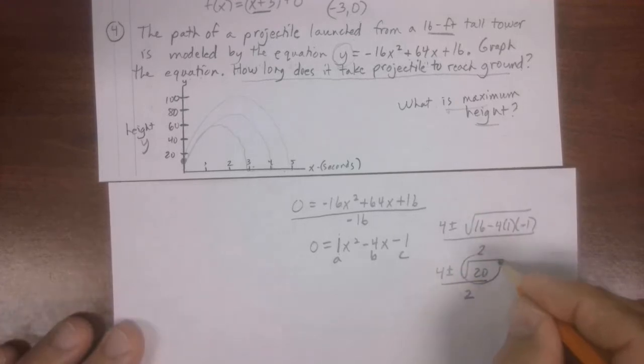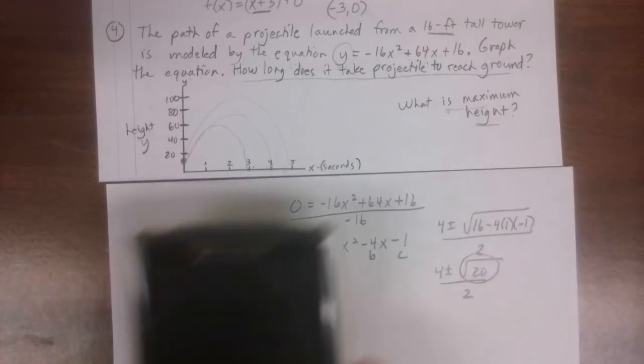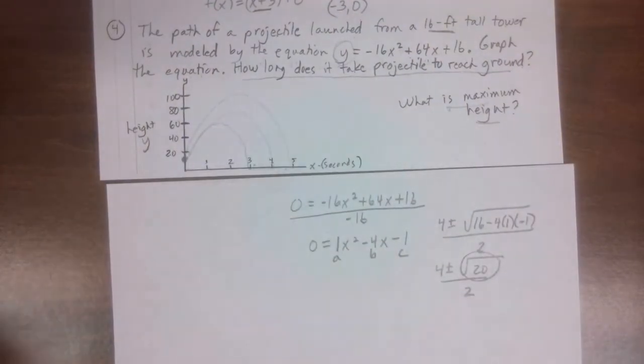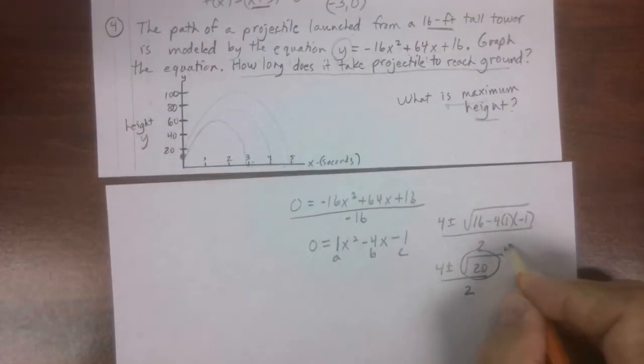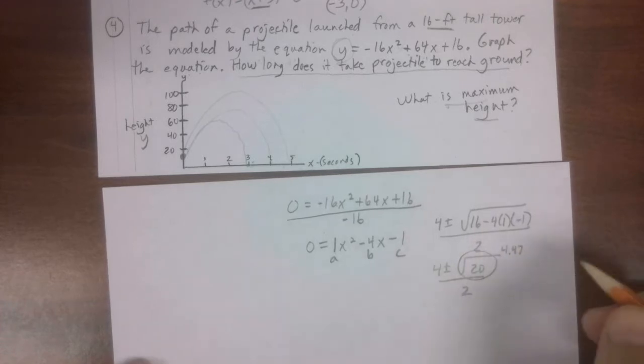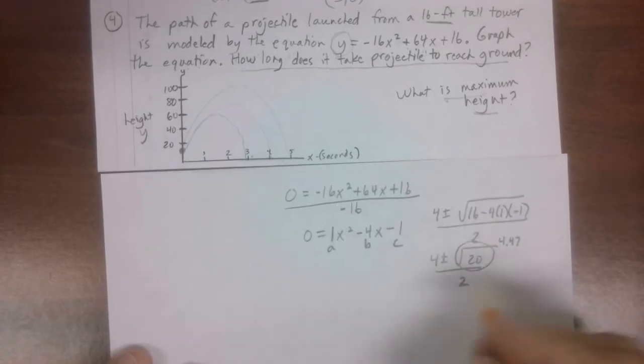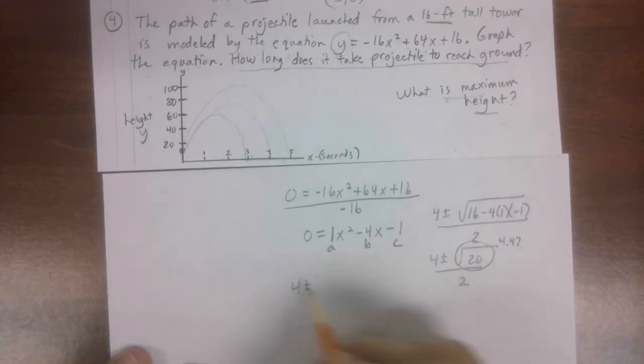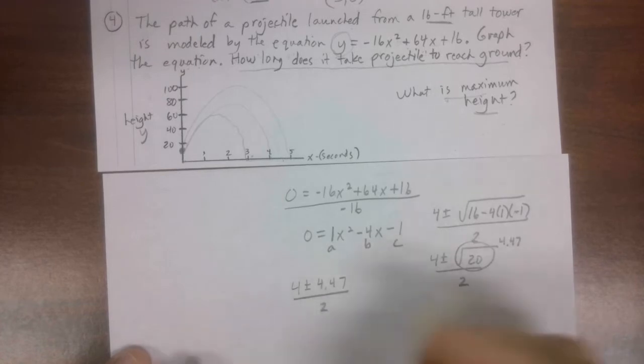Now, this is actually a number, so if I take my handy-dandy calculator and take the square root of 20, I'm not going to waste your time, I get 4 point something like 47 or 48. So that's actually 4 plus or minus 4.47, all over 2.